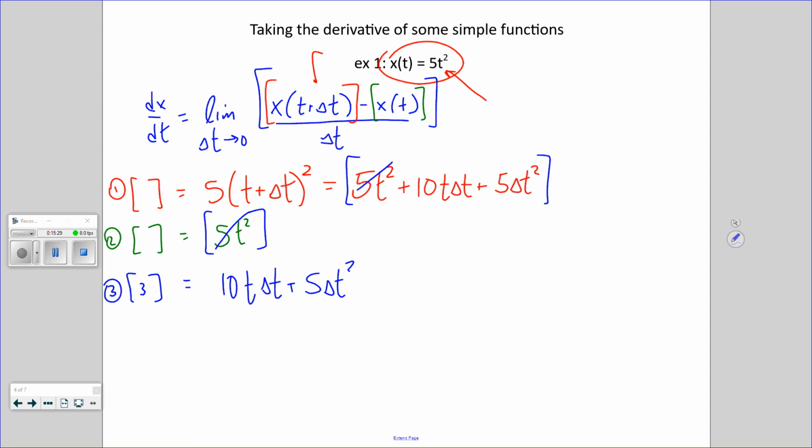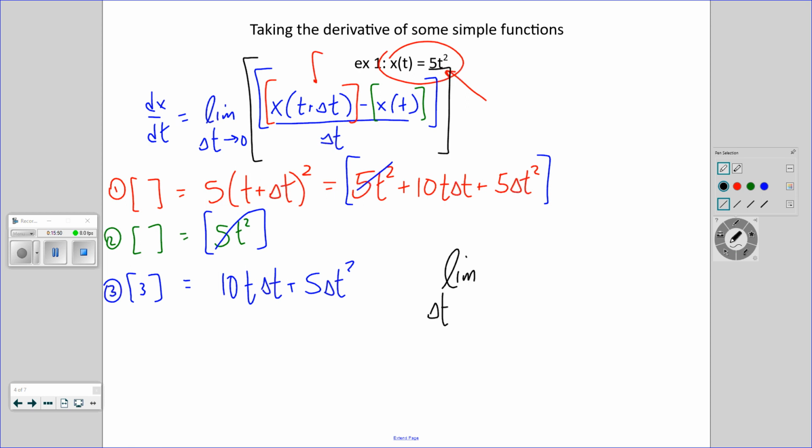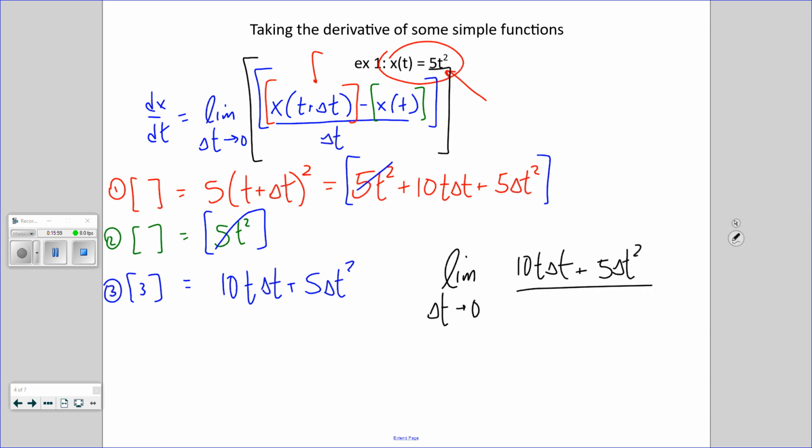And then if we do the whole darn thing, we're going to do quite literally the whole thing. Let's do the limit also. Let's do the limit as delta t approaches 0 of 10t delta t plus 5 delta t squared over delta t.